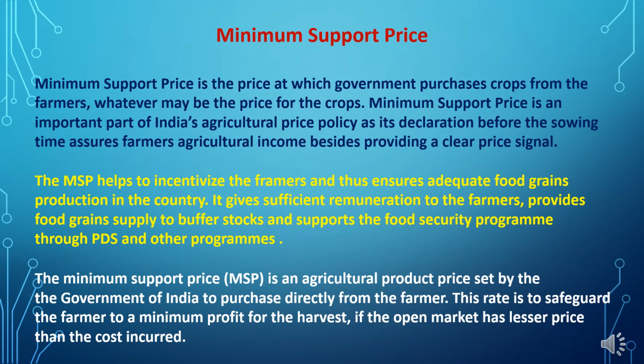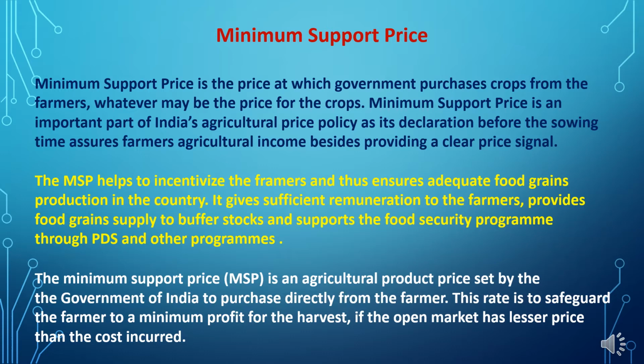Minimum support price is the price at which government purchases crops from the farmers, whatever may be the price for the crops. Minimum support price is an important part of India's agricultural price policy, as its declaration before the sowing time assures farmers agricultural income, besides providing a clear price signal.